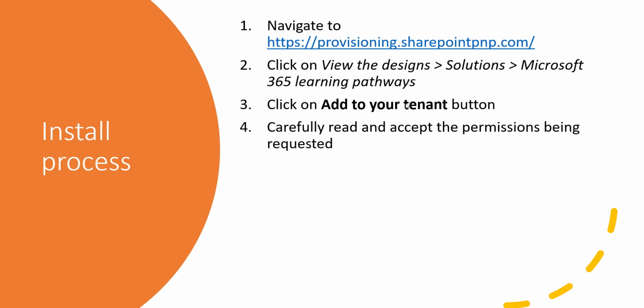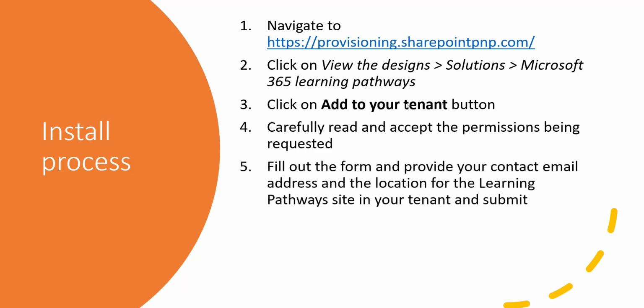Read the permissions that you're granting, because it is going to be getting permissions in your tenant. You are hosting it within your tenant. You fill out the form, provide your contact email address, and the location for exactly where you want the Learning Pathways site, which, as I mentioned before, is going to be a SharePoint communication site within your tenant. Provide that, and you're good to go.